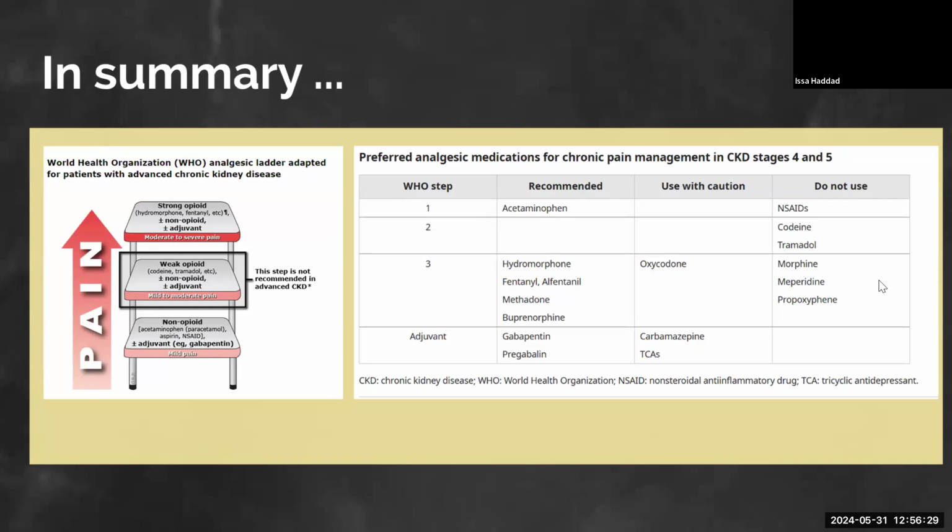In step 2, they do not use the codeine and the tramadol that we talked about, to try to avoid them. And then step 3, they try to use hydromorphone, fentanyl, methadone, and buprenorphine. They're recommended because they're like the safest so far, and adjuvants, as long as you dose them appropriately, gabapentin and pregabalin are safe enough. However, TCAs are used with caution.